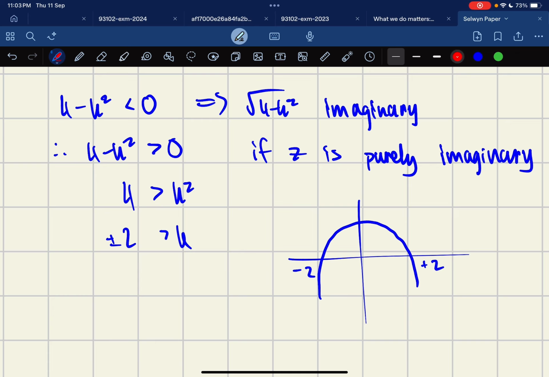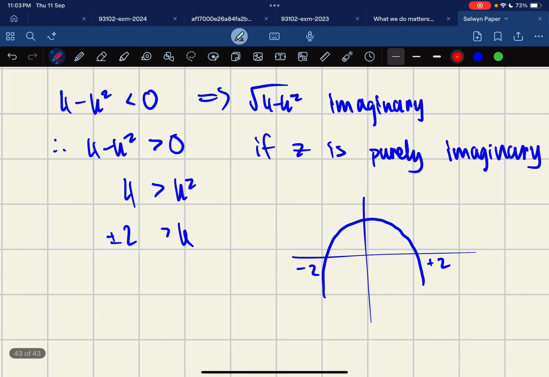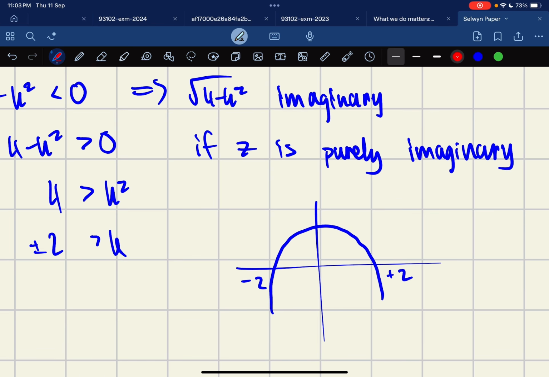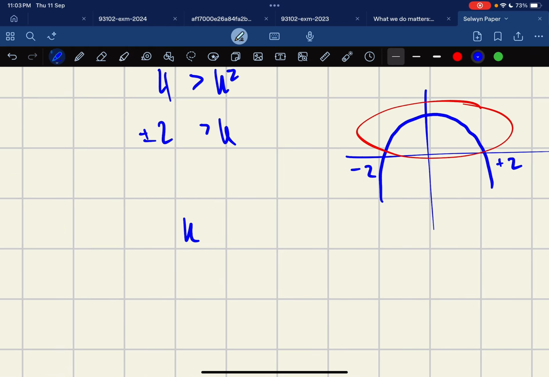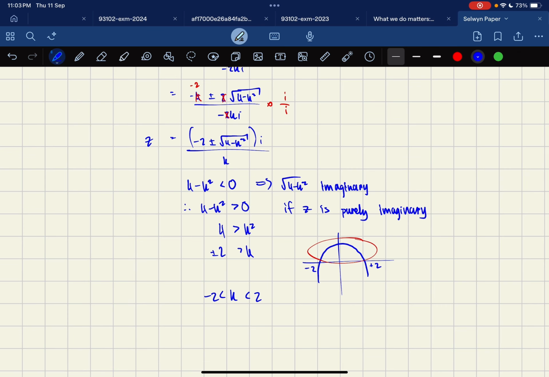And we're interested in when this is positive, so that the square root is going to be real. So it's going to be this area over here that is above the x-axis. So we're only interested in the k values between negative 2 and 2. Those are the k values that make z purely imaginary.